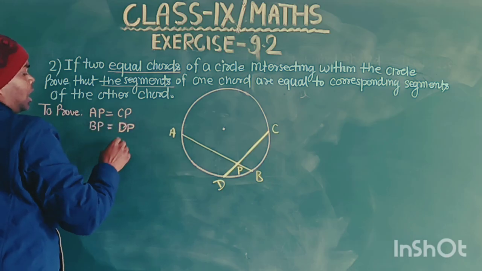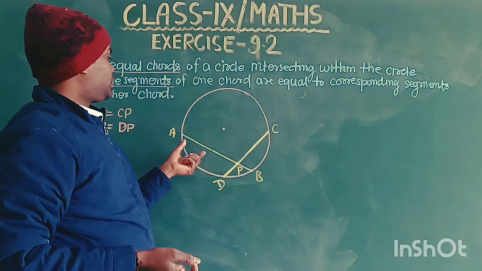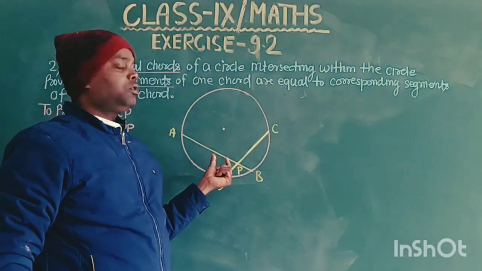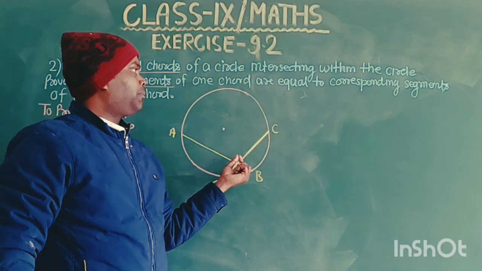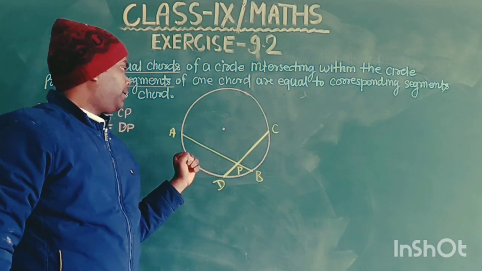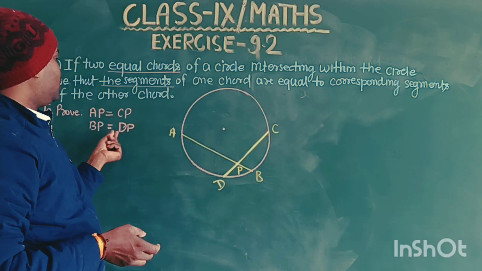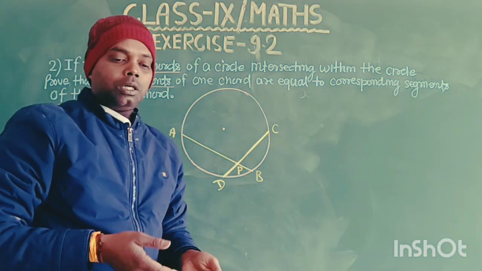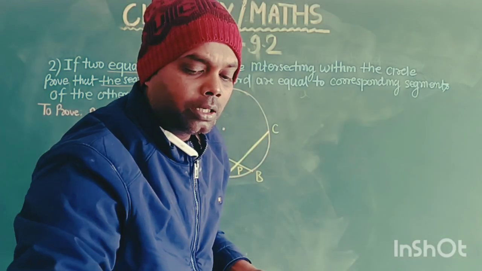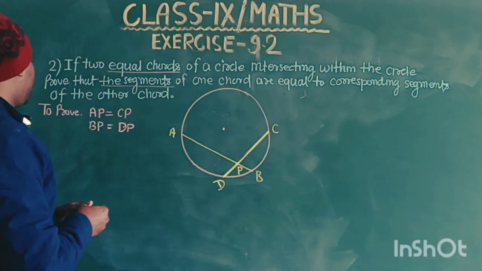This is our target. For proving AP equal to CP and BP equal to DP, we have to make some construction on the figure.